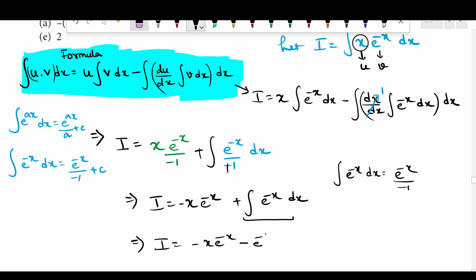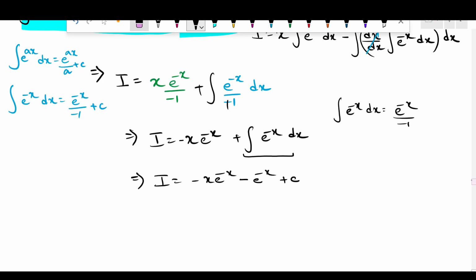So this will be minus e to the power minus x plus c. On taking common, this e to the power minus x gets common from here, right? So we have I equals to minus e to the power minus x times (x plus 1) plus c.